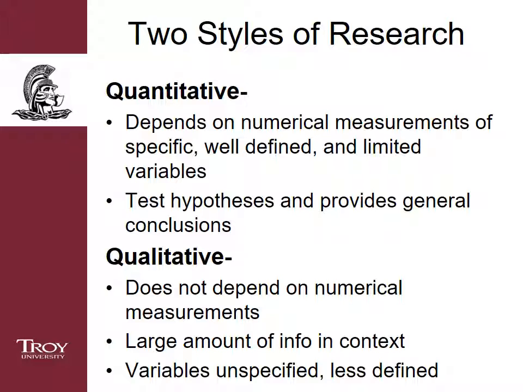And generally quantitative research depends on you having data. It depends on having numerical measurements of specific, well-defined, and limited variables. And the limitations on what you look at come from theories, which tell you which variables to look at.